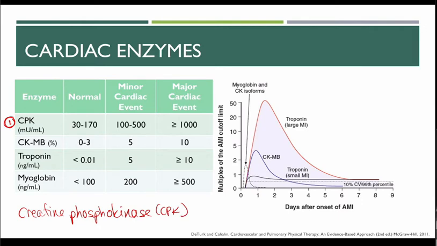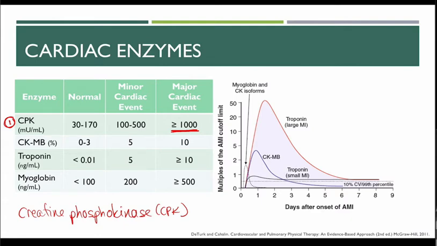This is an intracellular enzyme, which means it lives inside of a cell, and it has its greatest amount in the skeletal muscle, the heart, and the brain. So there really shouldn't be much of this floating in the blood. If we see high amounts circulating in the blood, this can be evidence for cell death of a myocyte.